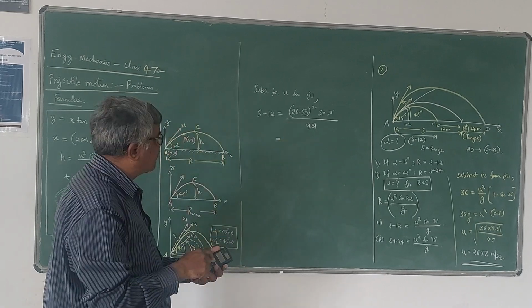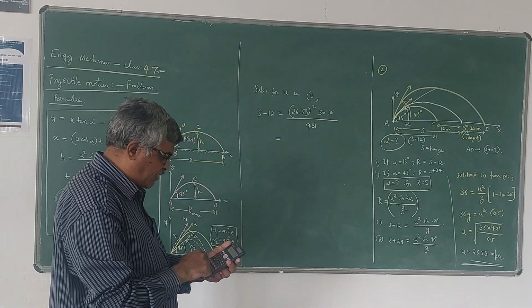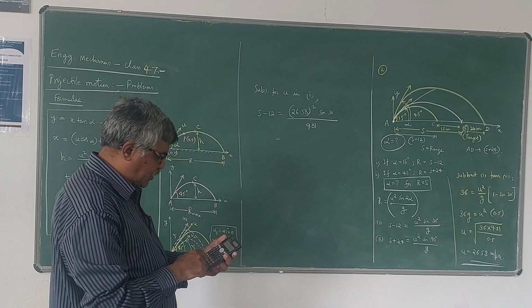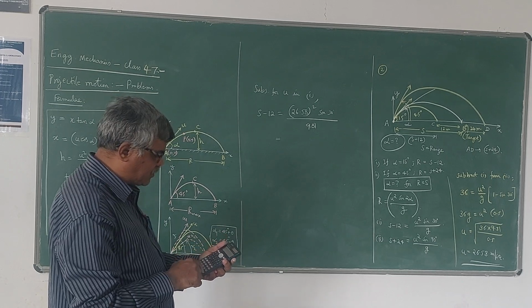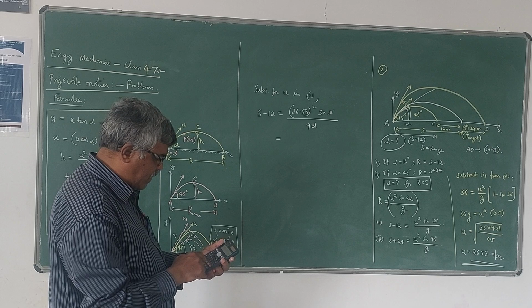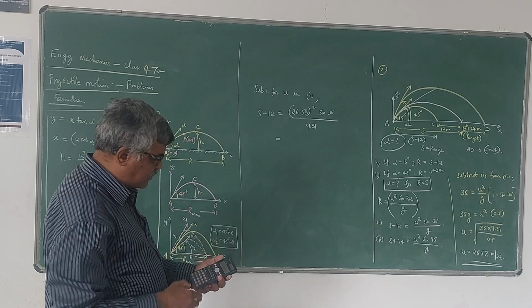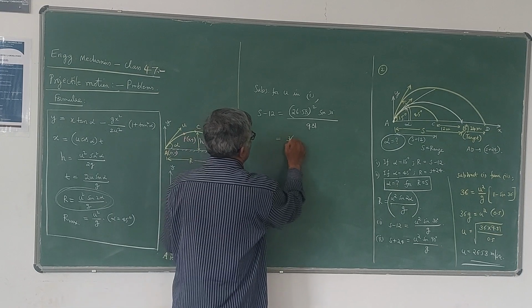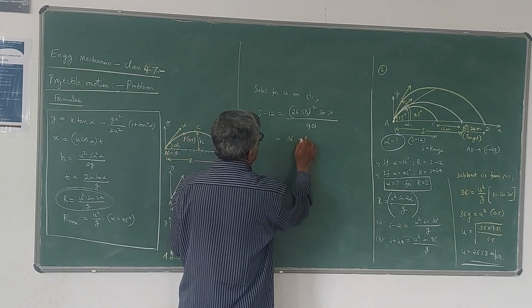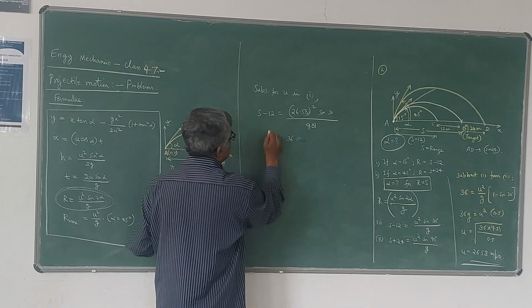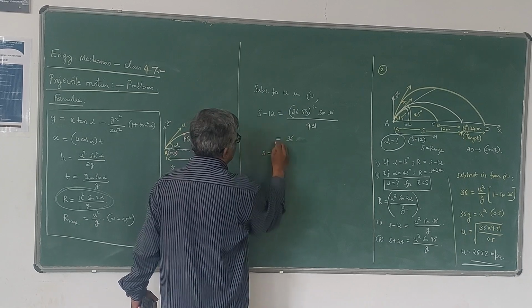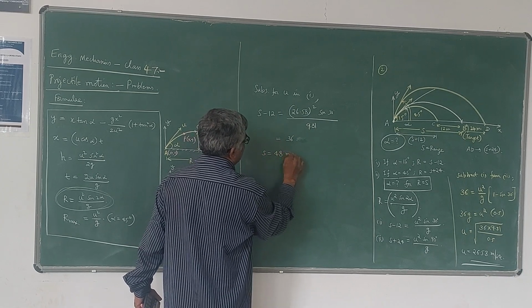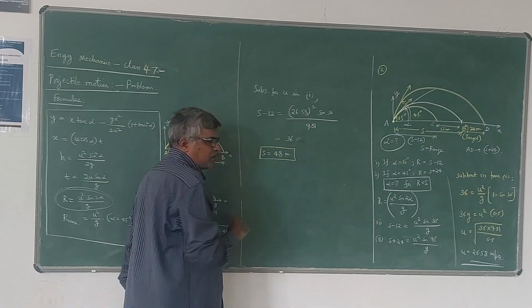So let me simplify: 26.58 square into 0.5, sin 30 is 0.5, divided by 9.81, which is equal to 36. So S minus 12 is 36, therefore S is equal to 36 plus 12, 48 meters. So S you got is 48 meters.